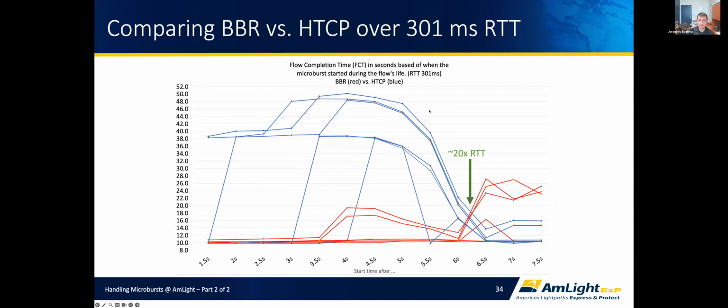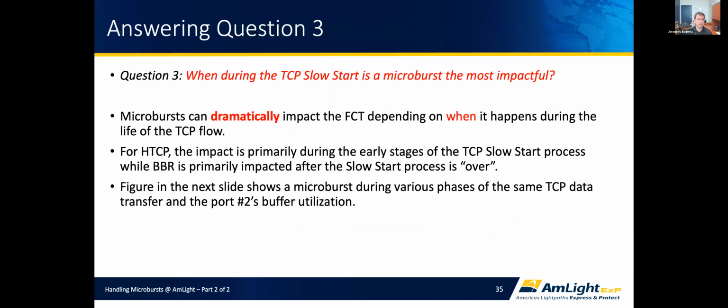And when we put them together and color everything, again, almost 20 times the RTT is when things start changing in terms of performance. So this was an interesting finding, answering question 3, when doing the TCP slow start and microburst, when is it the most impactful. You can see that it changes dramatically depending on when that starts.